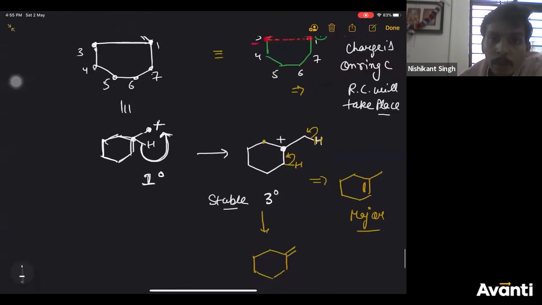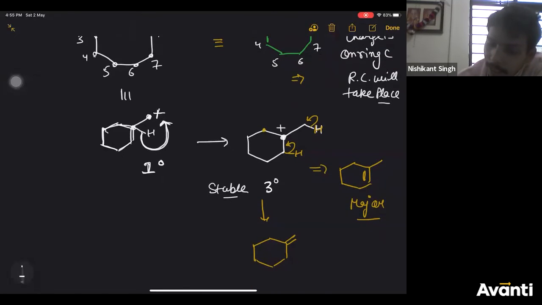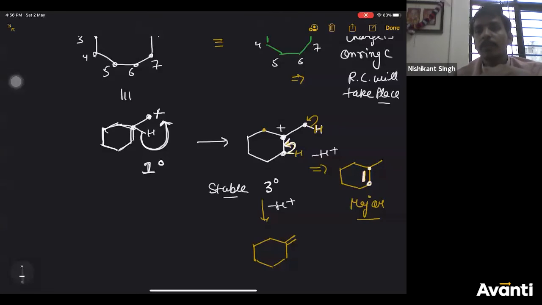Right? So what will happen? Next step, say this is the carbon having positive charge. From the next carbon, H plus will be lost. Either you can remove it from this carbon, so you'll get a negative here, positive here, double bond, or you can remove it from this carbon. That means the carbon next to the positive charge.